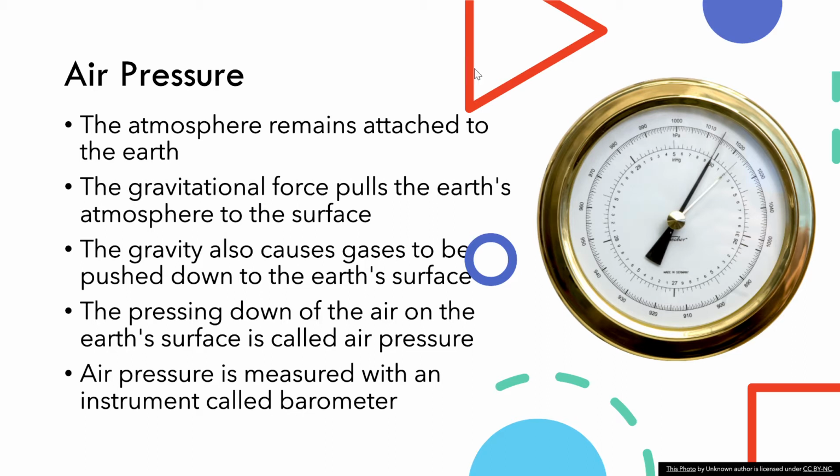Gravity also causes gases to be pushed down to the earth's surface. So not only the atmosphere but the gases are also pushed down. The pressing down of the air on the earth's surface is called air pressure.